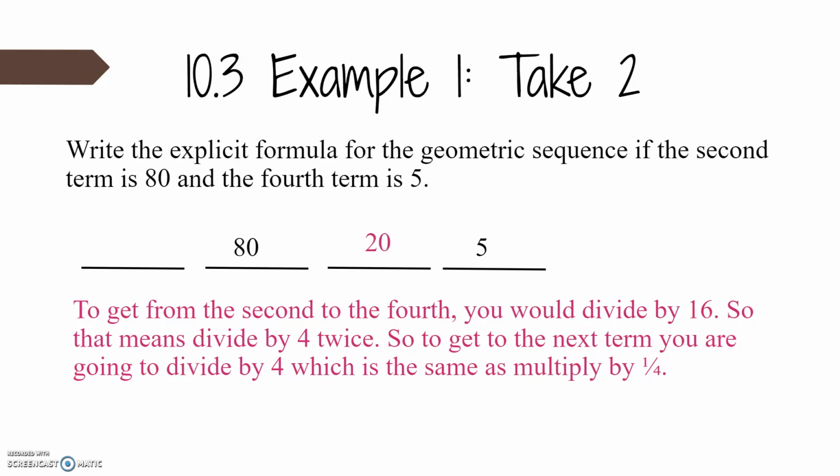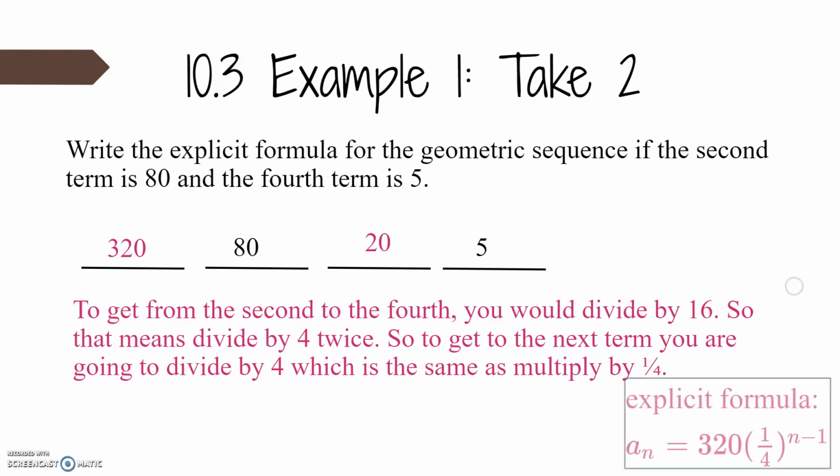Well, there's your r value right there. So you can almost intuitively find out that r is 1/4. You can then work backwards to the left in the sequence and multiply by 4. Once you have that, you have your first term and you have the r value.